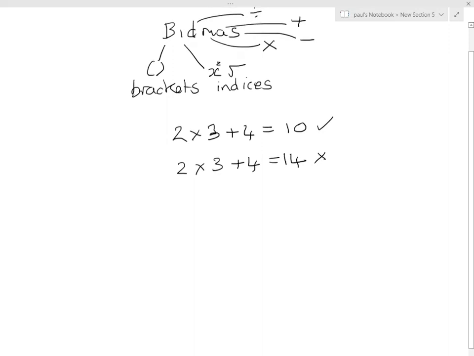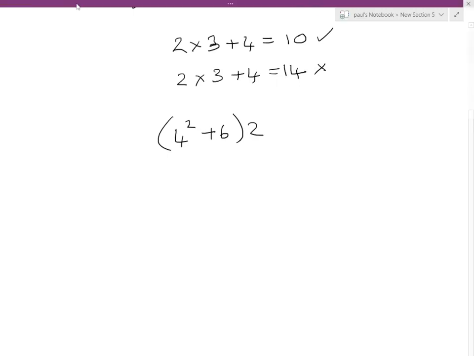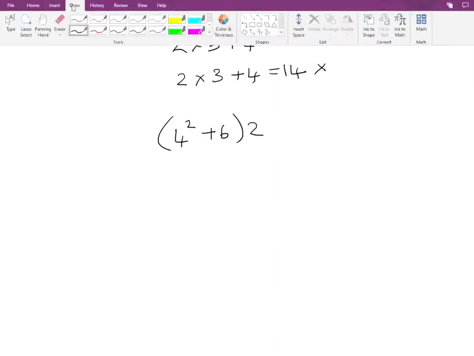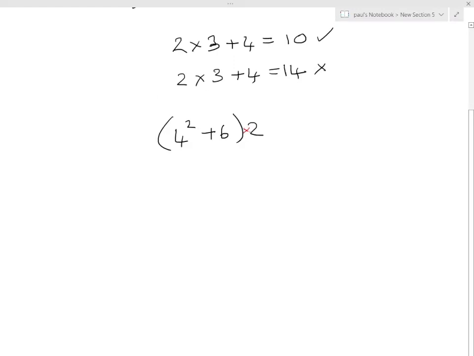And a couple of examples of BIDMAS. You'll come across it all the time in regular numbers and in algebra as well. So if we've got 4 squared plus 6, in brackets, and 2. Now when we have a number next to a bracket, it means multiply. There's an invisible multiply sign in there that we never put. So 4 squared, well, we've got to do the brackets first, haven't we?